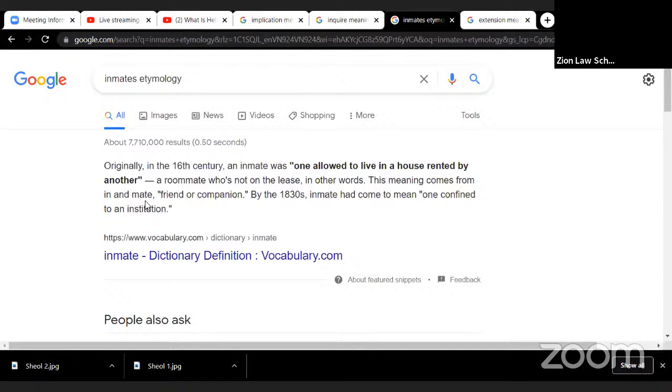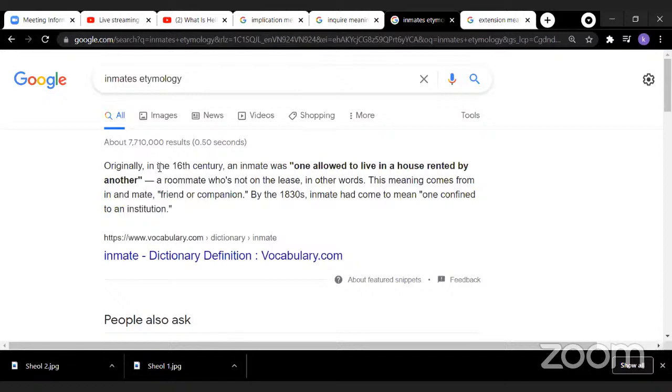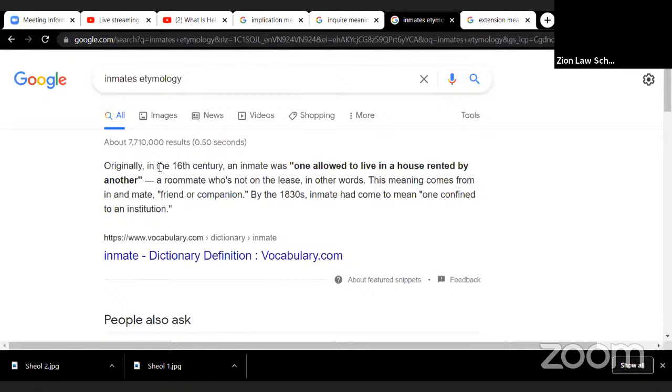Okay, this meaning comes from in and mate, friend or companion. Oh, wow. By the 1830s, inmate had come to mean one confined to an institution. Let me read this again. Originally in the 16th century, an inmate was one allowed to live in a house rented by another. A roommate who's not on the lease. In other words, okay, I understand it now. This meaning comes from in and mate, friend or companion. Okay, so this is not relating to alloidial or mortgage.